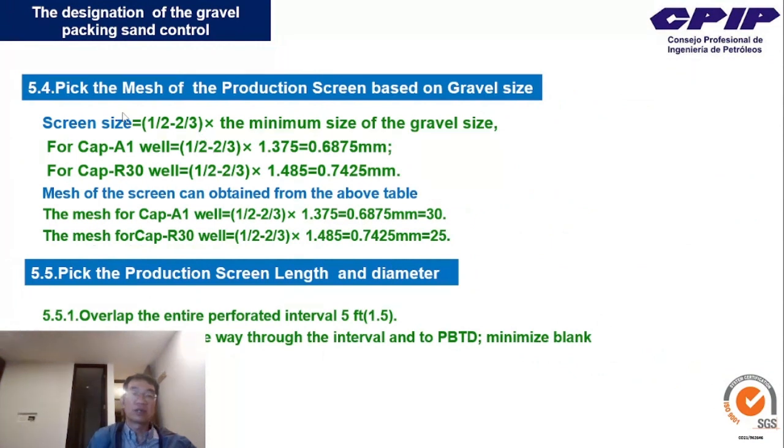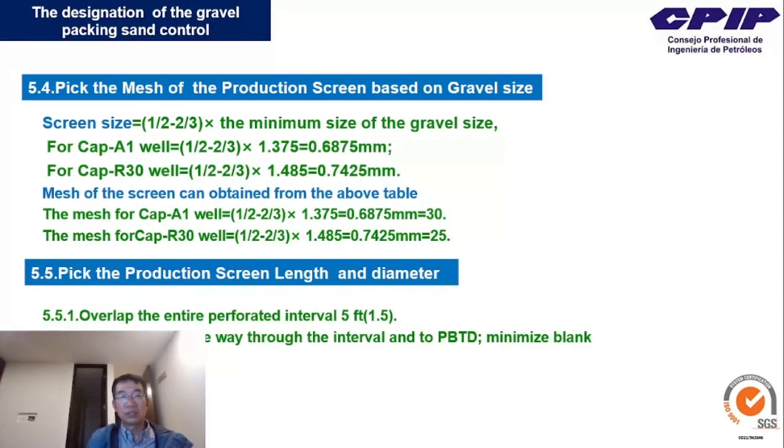7.4 Pick the mass of the produced screen based on the gravel size. Screen size is the minimum size of the gravel size. For CA1 it is 0.68, and for R30 it is 0.74.